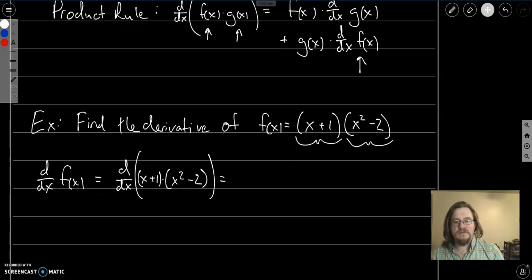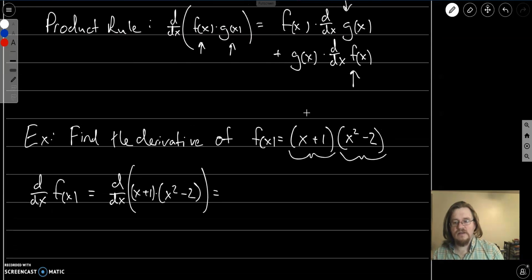This guy, this is two things being multiplied together, so I'm going to use my formula. Well, I'm just going to write the first one down, and I'm going to take it times the derivative of the second guy. Notice how I haven't taken any actual derivatives yet, I'm just applying my formula.